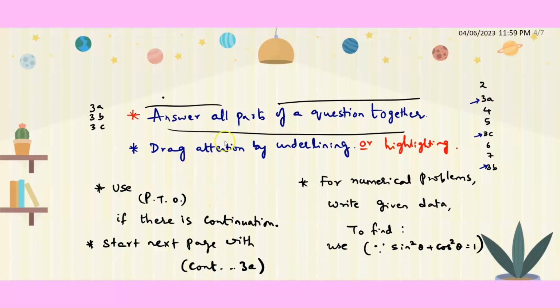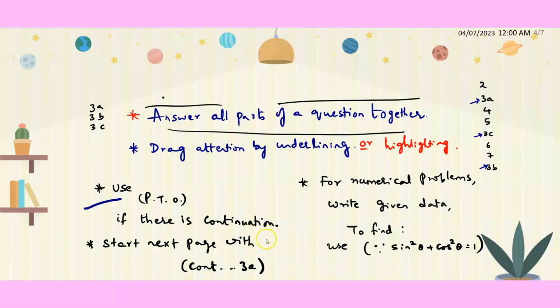So try to write all parts of a given question together. That will improve your chances, because it's straightforward for the evaluator to finish that question completely. And it is a good practice to write PTO. If your answer is not over in this page, please write PTO at the bottom, so that the person is compelled to turn the page, otherwise he may think your answer is over.